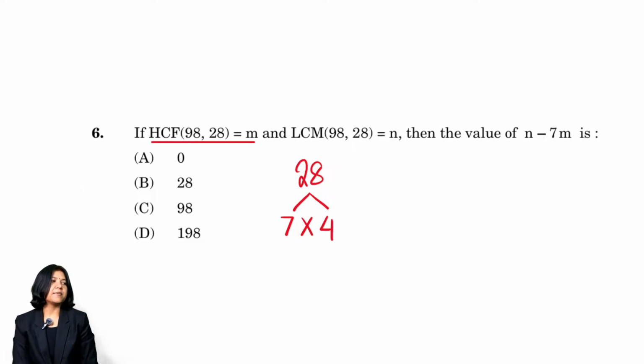Because 7 times 4 is 28, you need to be a little clever here because you're finding the HCF, and I'm sure the other number is divisible by one of the numbers here. I will think about 7 because I clearly know 4 does not divide 98. Why? Because 4 divides 100, 4 quarters make 100.